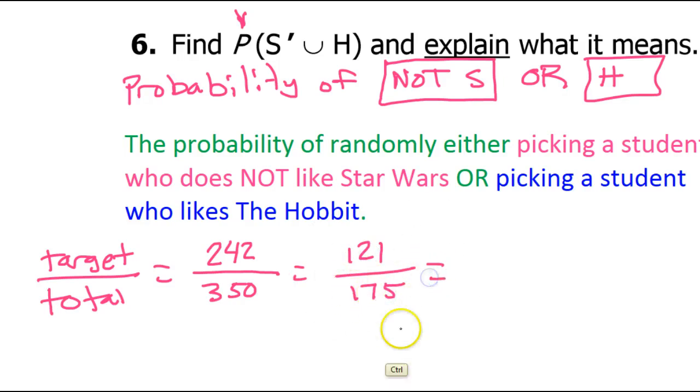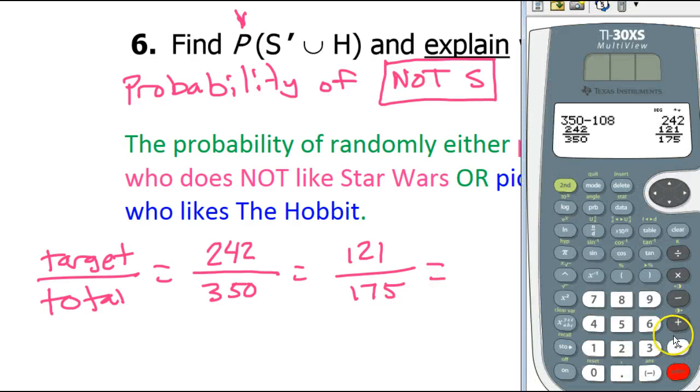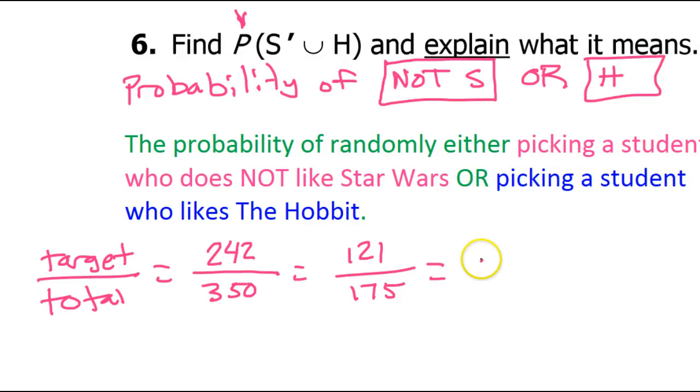So that's the fraction. As a decimal, I have 0.6914. So as a percent, I'm looking at 69.14%.